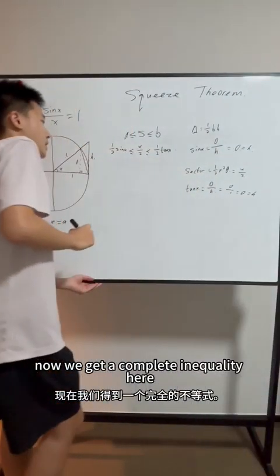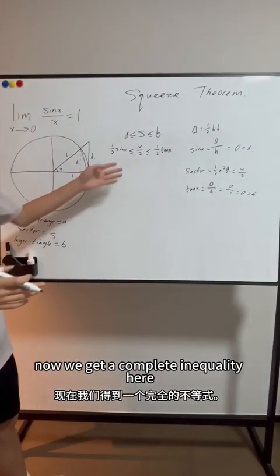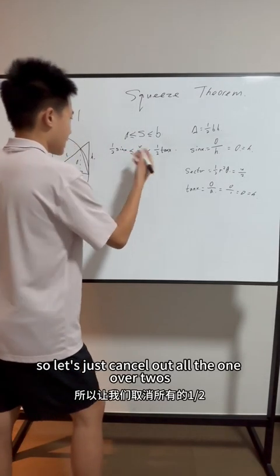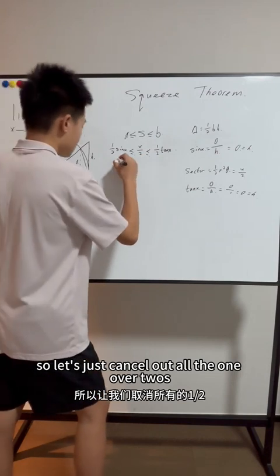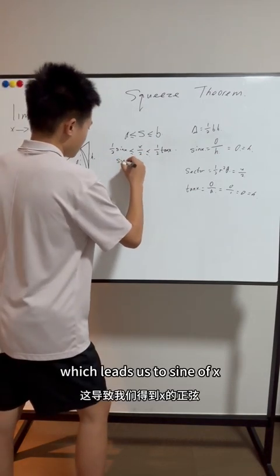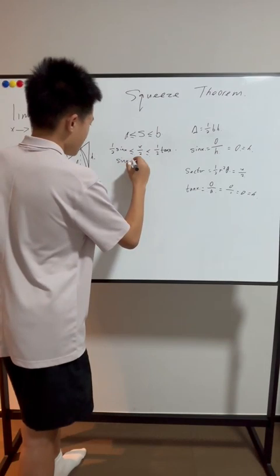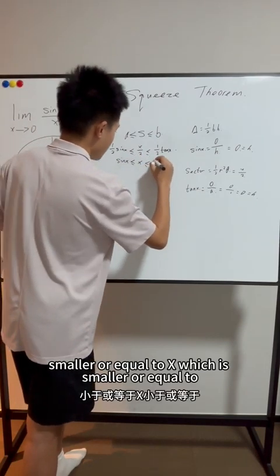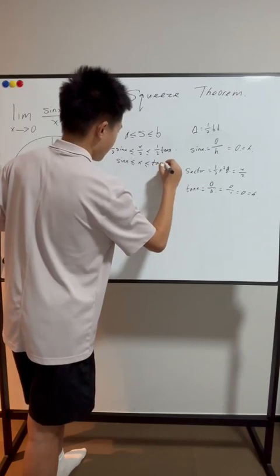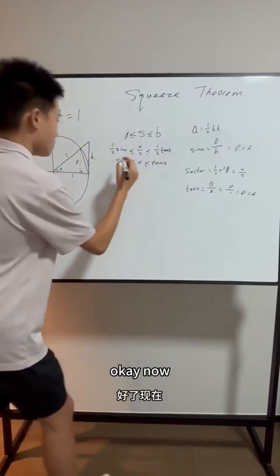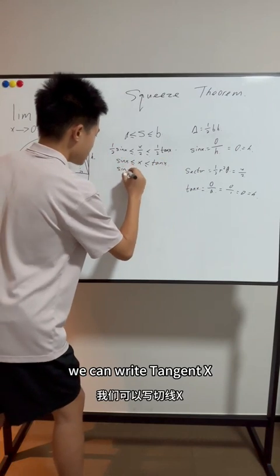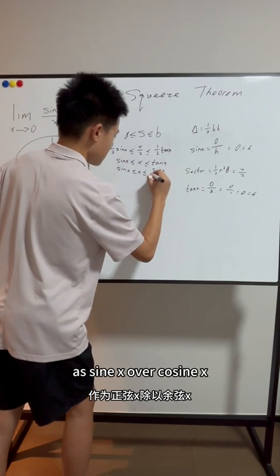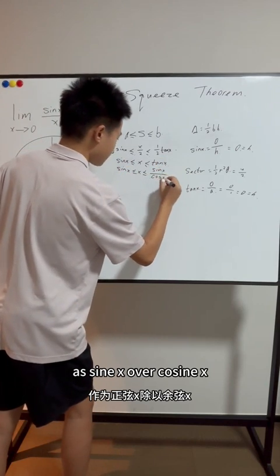Now we get a complete inequality here. Let's simplify it down a bit. Let's cancel out all the 1/2's, which leads us to sine of x smaller than or equal to x, which is smaller than or equal to tangent x. Now we can write tangent x as sine of x over cosine of x.